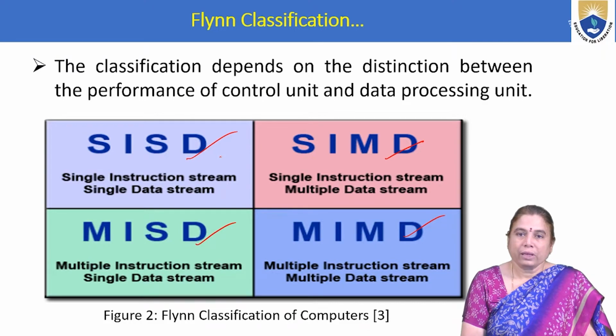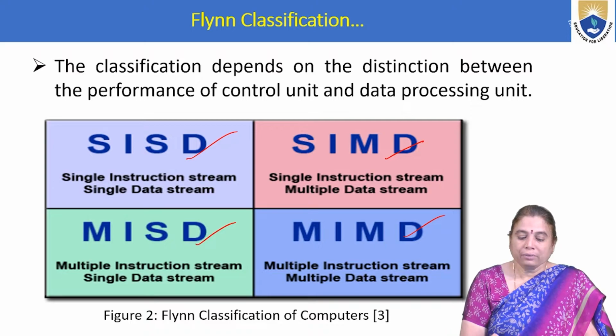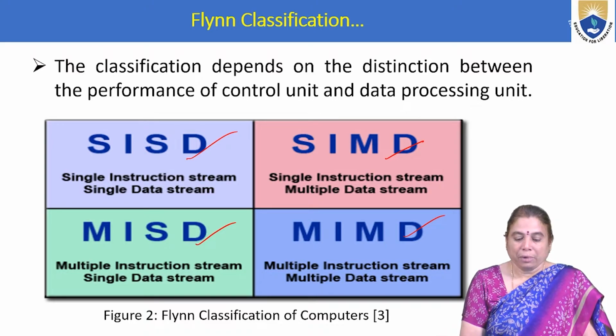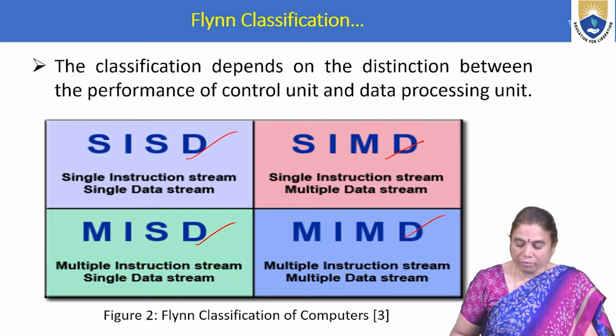The second variety is SIMD, single instruction stream, multiple data stream. Next, MISD, multiple instruction stream, single data stream. The fourth category is multiple instruction stream and multiple data stream. These are the four categories of parallel processing systems specified by Flynn.